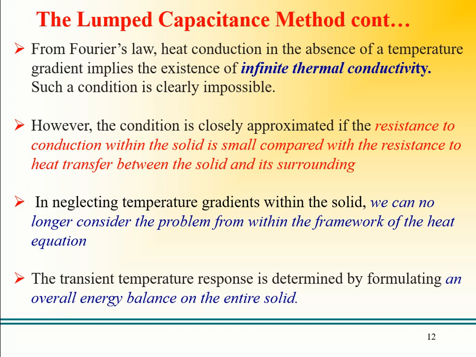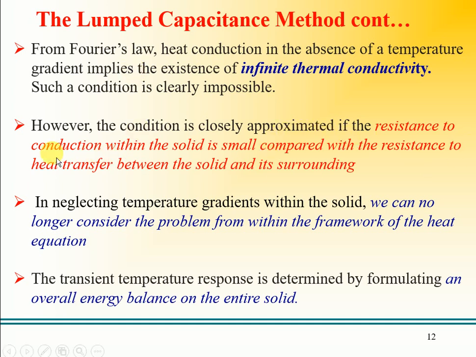From Fourier's law, heat conduction in the absence of a temperature gradient implies the existence of infinite thermal conductivity. Such a condition is clearly impossible because q = -kA dT/dx. If dT/dx is almost 0, it means the thermal conductivity is infinite, which is not possible.